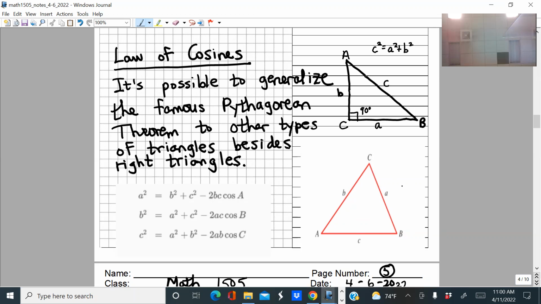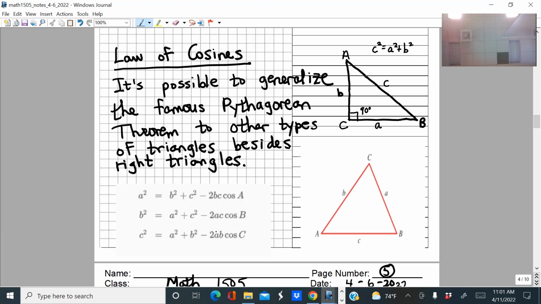All right. So what the law of cosines says is the following. Let me start with the third version of the law of cosines, but these are really all similar. What the law of cosines says is the length of this side c, if you square that, is going to be equal to the sum of the squares of the other two sides.